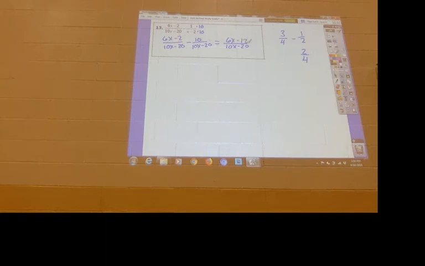Well, that can be simplified because what can I factor out of the top? 6. 6 times x minus 2, right? Then the bottom, I can factor out a 10 times x minus 2. That cancels. Then I'm left with 6 over 10, which simplifies to 3/5 as a final answer.